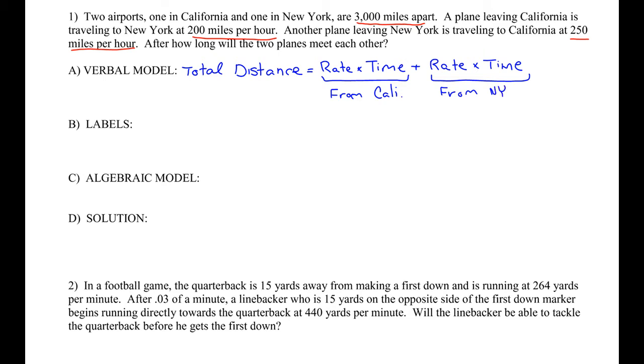Next, we need to create some labels, starting with the information that we know. We know that the total distance is equal to 3,000 miles. We know that the rate of the plane traveling from California is 200 miles per hour.